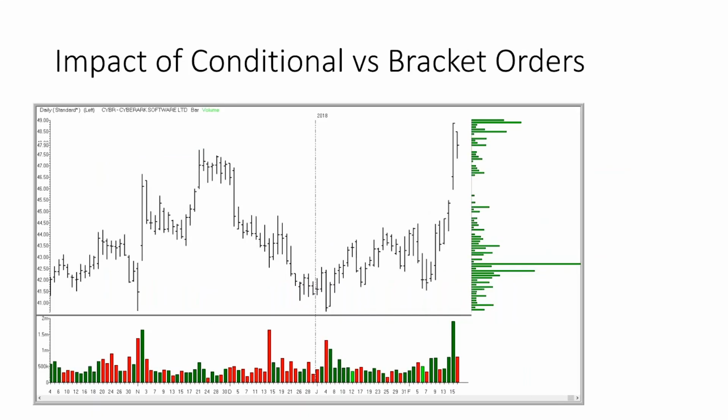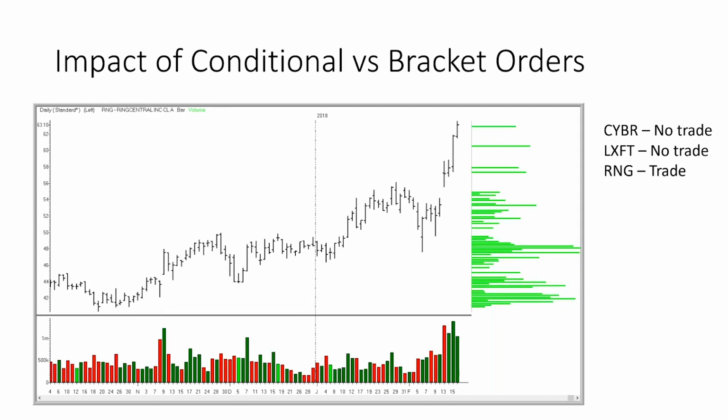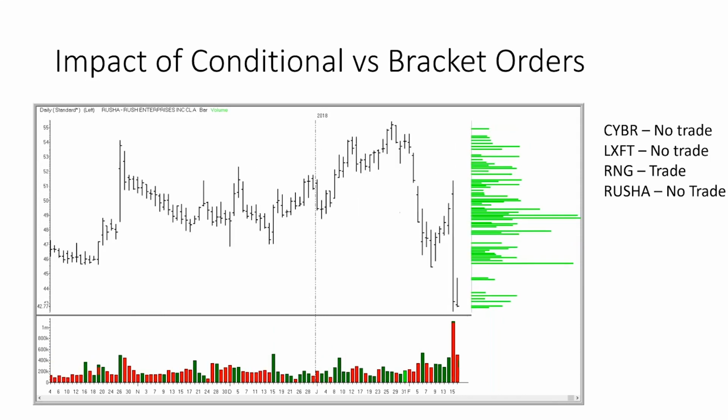So again, now let's look at the impact of those conditionals versus the brackets. CYBR that day was no trade, so there would have been no impound. LXFT, there was no trade, it never triggered. RNG triggered and went to a target. RUSHA had no trade.